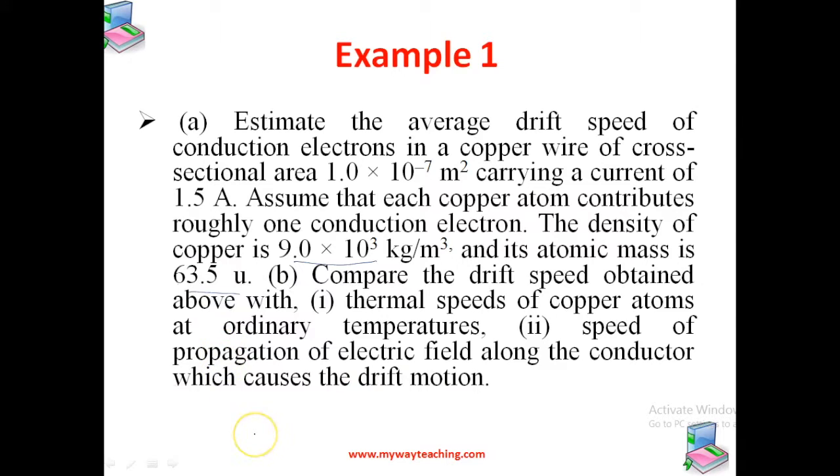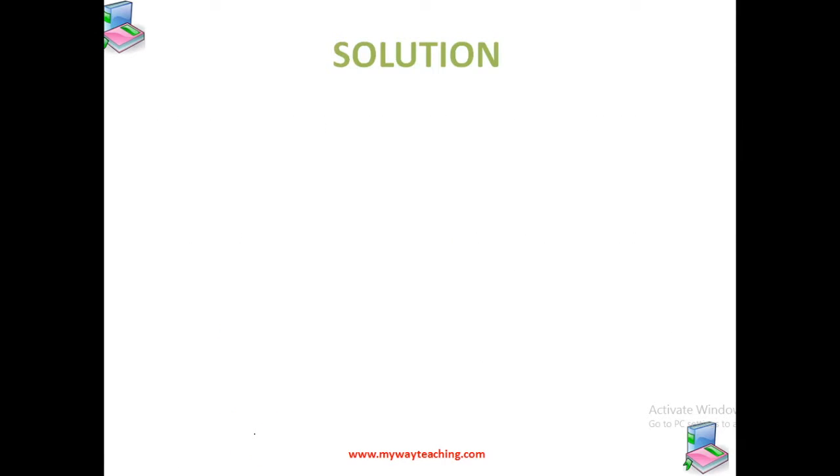Now let us see the solution for the first part. The direction of drift velocity of conduction electrons is opposite to the electric field direction, which means electrons drift in the direction of increasing potential.